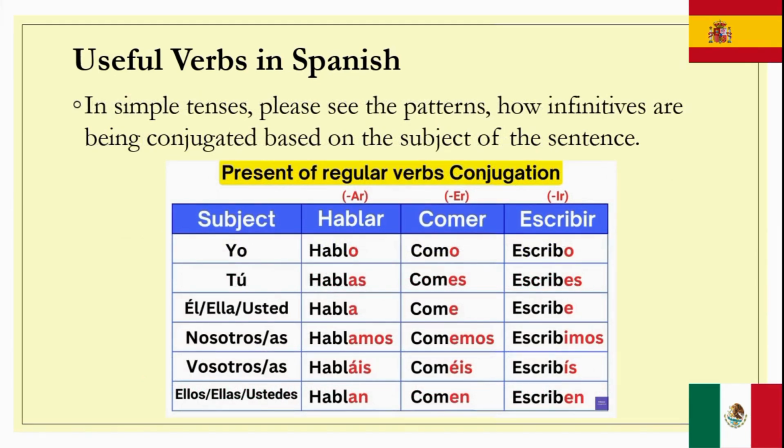Then this is the present chart or table of regular verb conjugation. Notice here that aside from nosotros, we also have vosotros. Vosotros is the informal you all, and is specifically used in Spain.